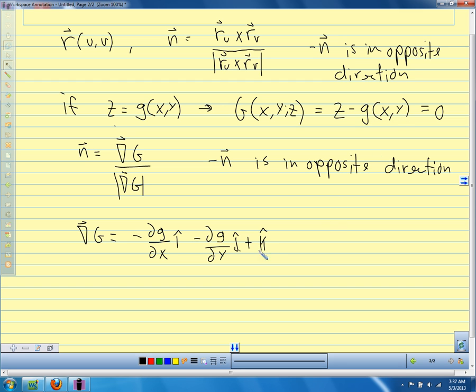We call this the upward unit normal vector. So this would give us our upward normal vector. We have to divide by the magnitude to get the unit vector. And we call it upward because the k component is positive.